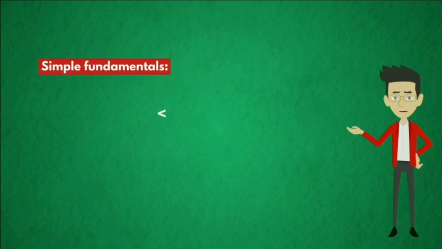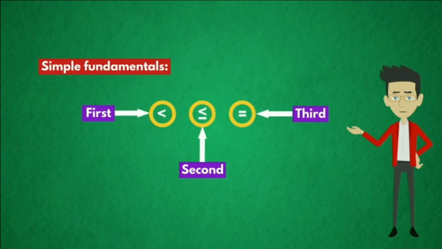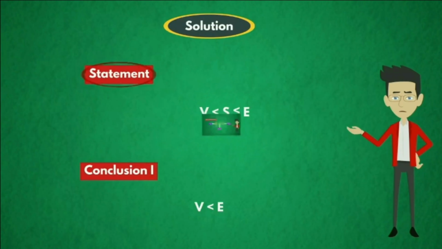If the combination is of less than, less than or equal to and equal to symbols, then we will give first priority to the less than symbol, second priority to the less than or equal to symbol, and third priority to the equal to symbol. So here V < S ≤ E, we can say that V < E. So conclusion 1 is true.